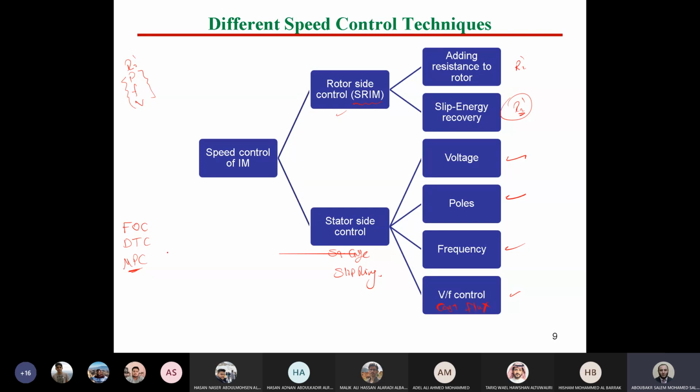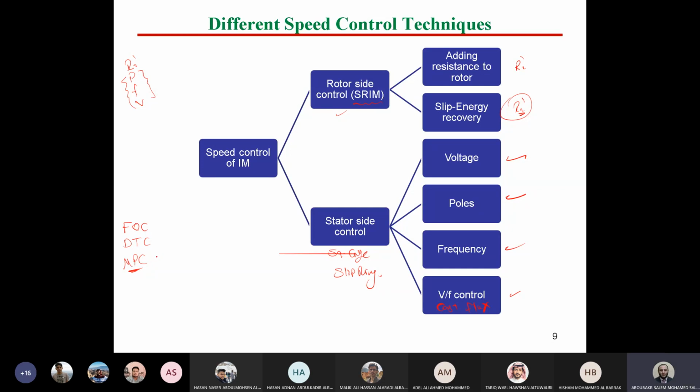However, recently, because of the revolution in power electronics and digital controllers, we could apply model predictive control to electrical systems because it needs a very fast system. Okay, guys? So we can use model predictive control now for controlling the machines.